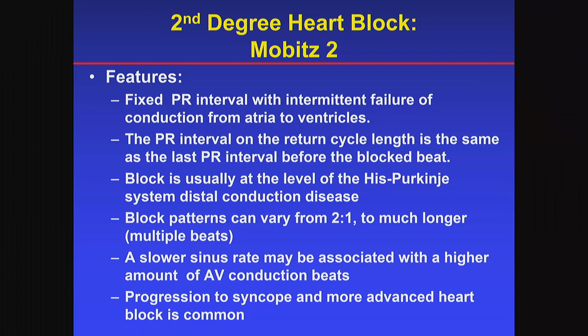So anything that slows the sinus rate, such as increased parasympathetic tone or possibly even carotid sinus massage, can slow the rate such that the conduction ratio actually improves. And at higher rates, conduction is worse.